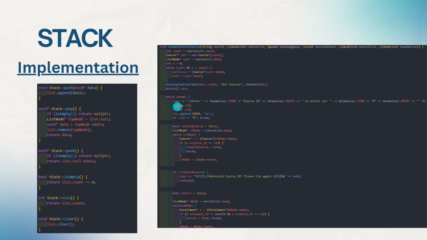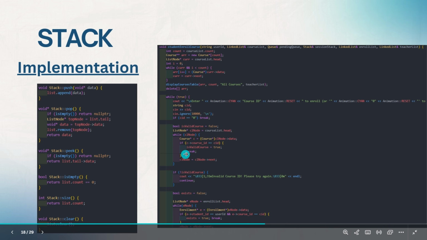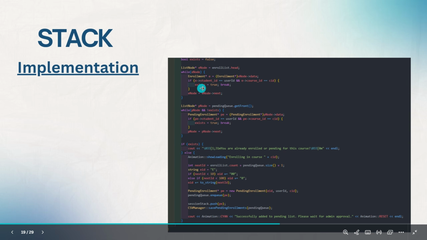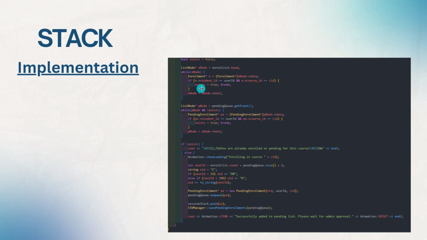After that, we ask the student for the course ID, which course they want to enroll in. They write the course ID, and it checks whether that ID is valid or not. After everything is okay, it checks the pending file, the pending enrollment file.